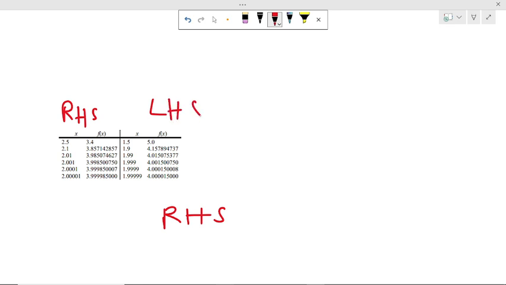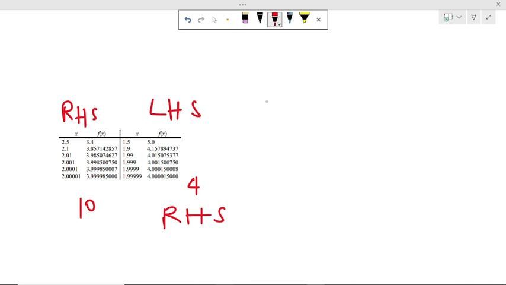So let's say that if the right hand side limit approached, let's say 10, this is just an example, and the left hand side limit approached 4, we would have said that the limit of the function does not exist.